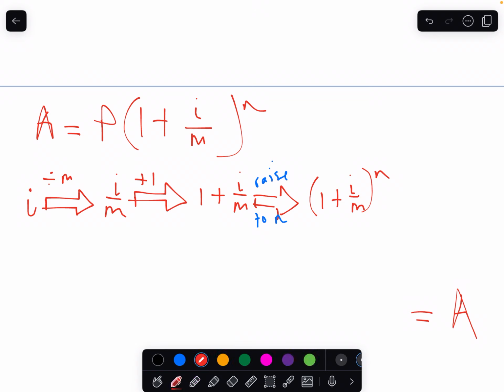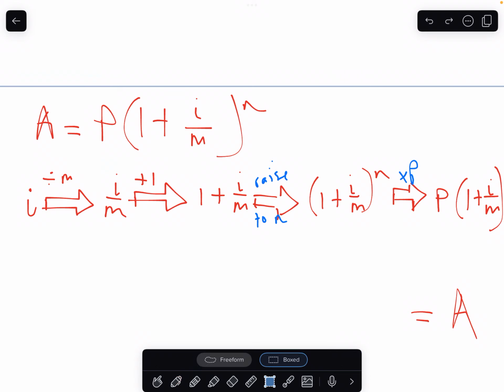And then from there, the piece de resistance is we times by P. So we times by P, and we then end up with P times 1 plus I over m to the power of n. Well, golly, okay, clearly we need to shrink stuff.